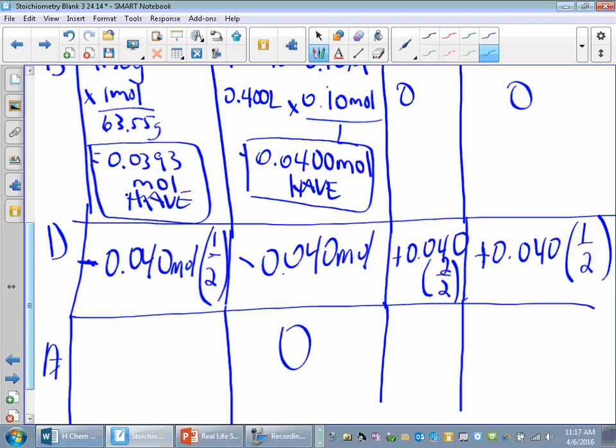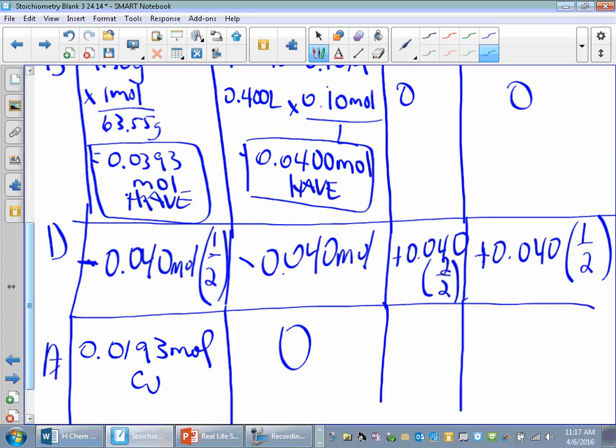You have the 0.04. So you do that first, subtract that. Or in your calculator, just do this: subtract, parentheses, this times 1/2 in parentheses. It'll kind of do it for you. Because that should give you 0.0193 moles of copper in excess.